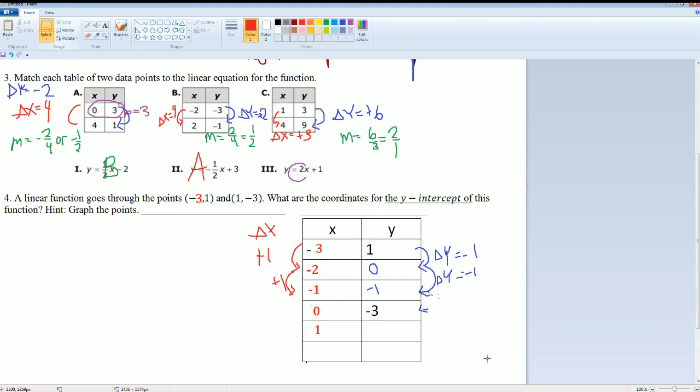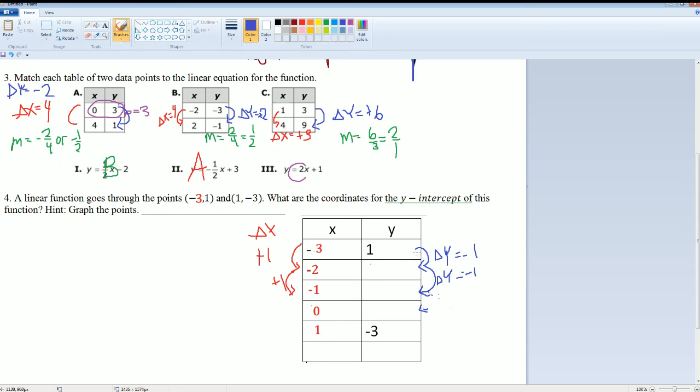And we know 1 was -3. But we didn't know what this was. So let me just erase this. We didn't know what this was, and we didn't know what this was.